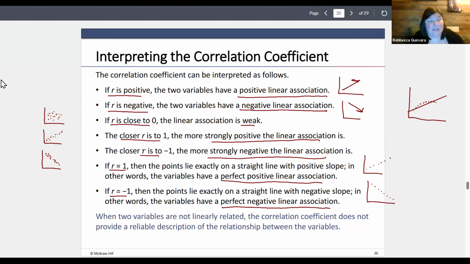And if I did try to figure out what R is, it might actually come out pretty strong. And it's not because I have a really strong linear relationship. It's because if I look at it as a linear relationship, yeah, it's strong. But that's a fault of our own for not paying attention to whether this was really a linear association.